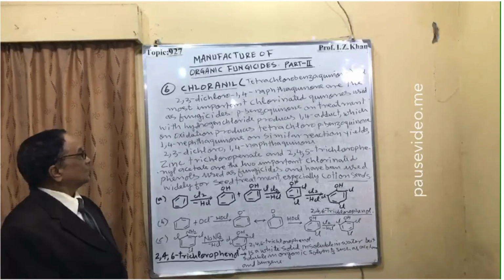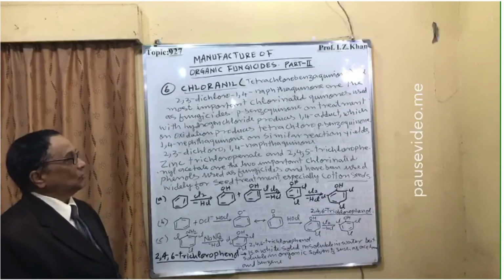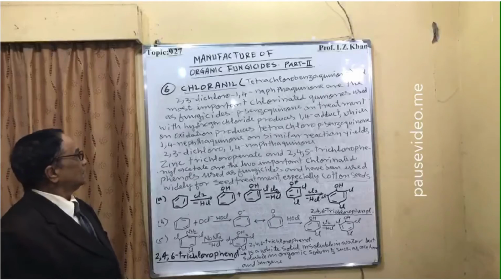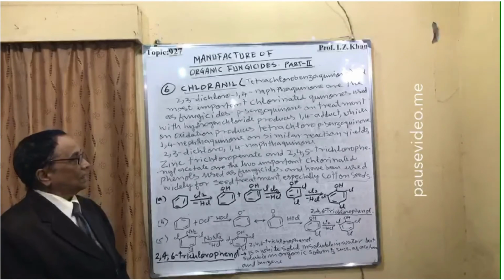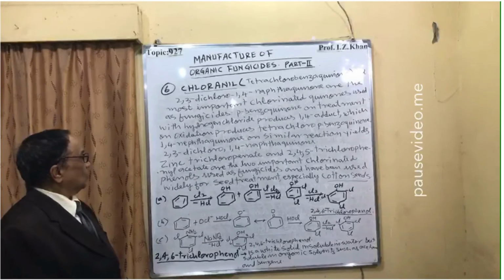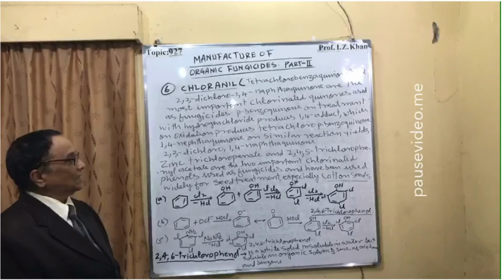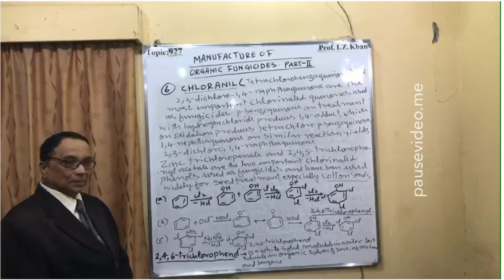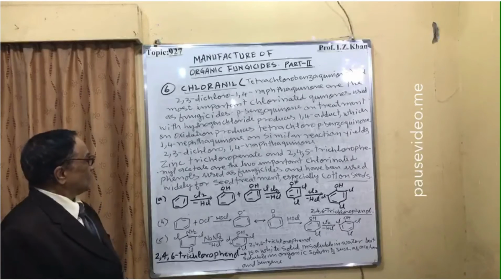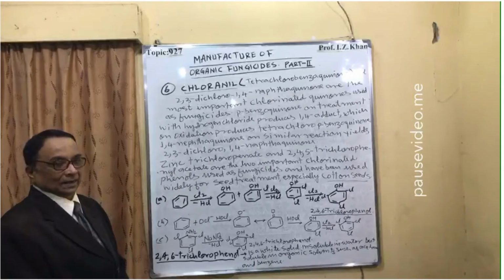Para-benzoquinone on treatment with hydrogen chloride, that is HCl, produces a 1,4-adduct, which on oxidation produces tetrachlorobenzoquinone. 1,4-naphthoquinone on a similar reaction yields 2,3-dichloro-1,4-naphthoquinone.